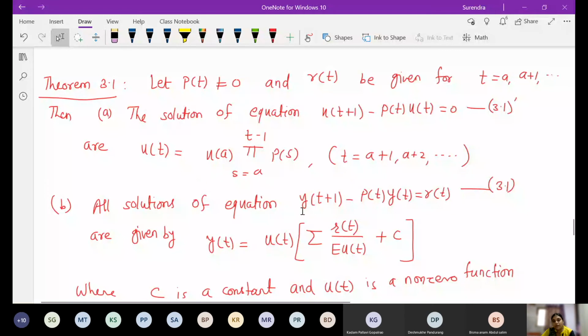So now I will write y t as a product of u t into v t, where I need to determine what my v t is. So my v t will be this one. Is that okay? I want to show the solution y t is equal to u t into some function, summation r t upon e u t plus c, that I am calling v t.